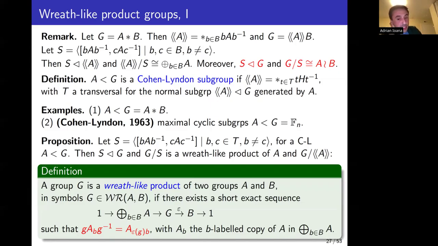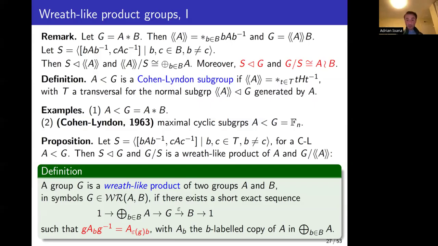if there's a short exact sequence with the group G in the middle, the quotient group is B, and the kernel, the normal subgroup, is the direct sum of A indexed by the group B, in such a way that when you take an element of G and conjugate one of the copies of A, say the b-th copy of A, then this is a different copy of A, given specifically by epsilon(g·b).